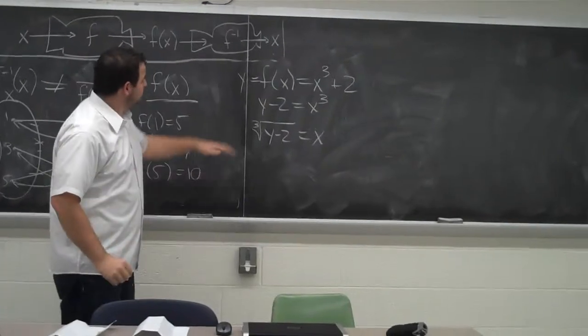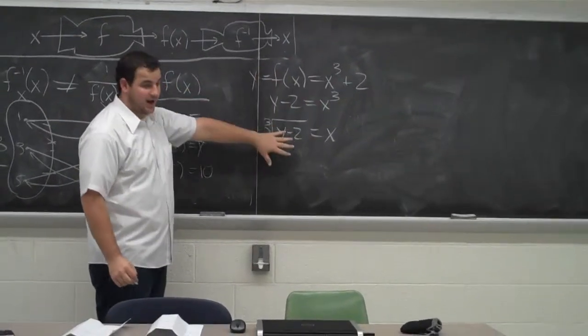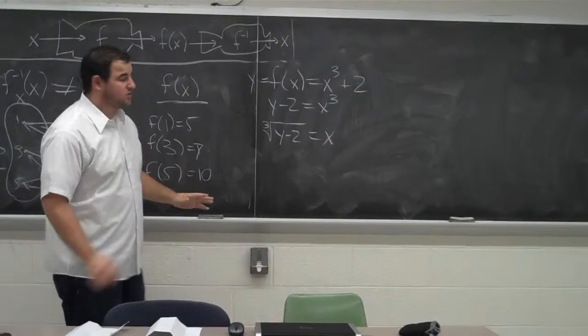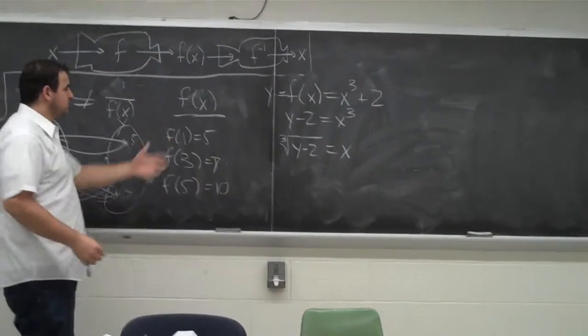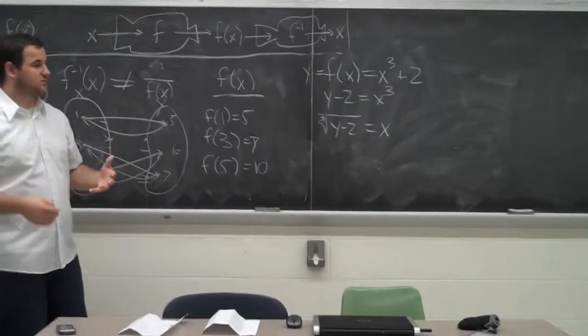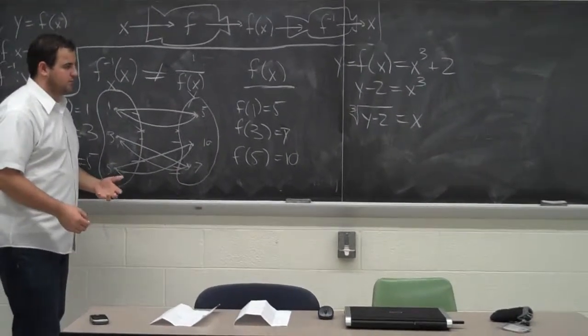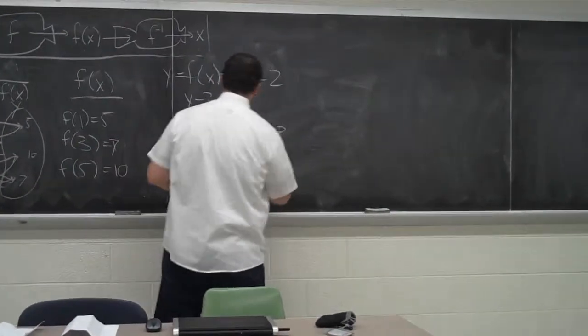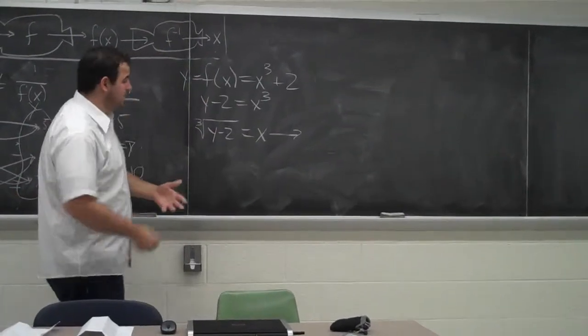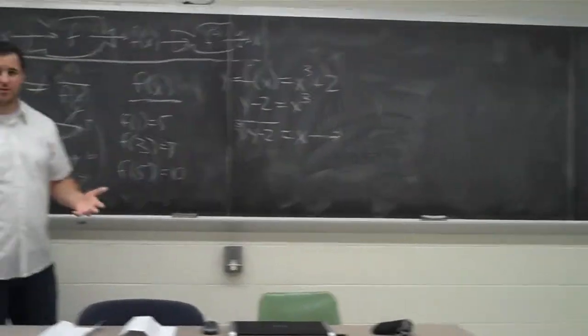And so now what we've done is we've solved this equation for x. And the last thing we do is, because we usually have a function and we like having it as f of x, where x is the independent variable, we want to switch the x and the y, because they're just variables, we can name them however we want.